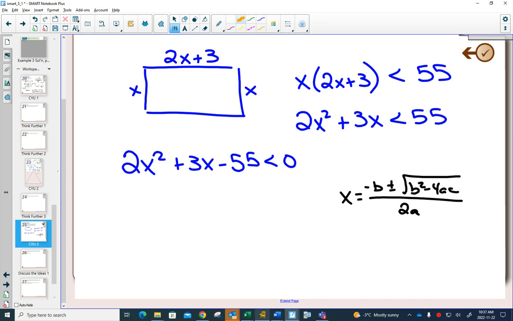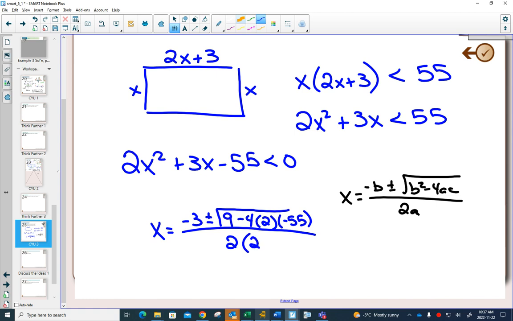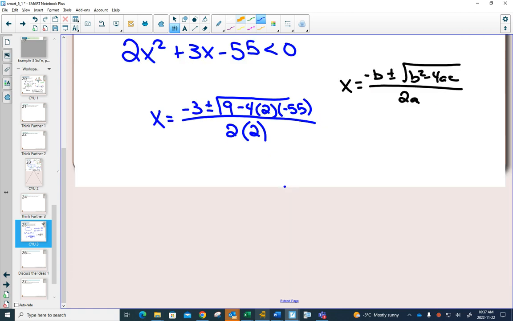There's our quadratic formula. We just need to plug things in. So x would equal -3 plus or minus the square root of 3 squared is 9 minus 4 times a times c, all divided by 2 times a.